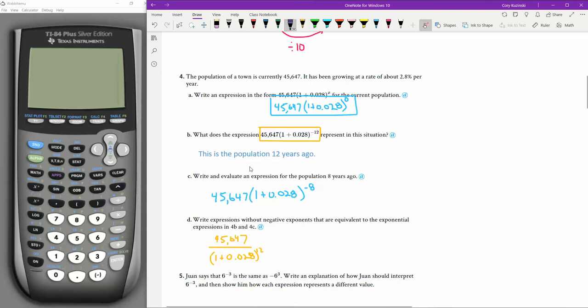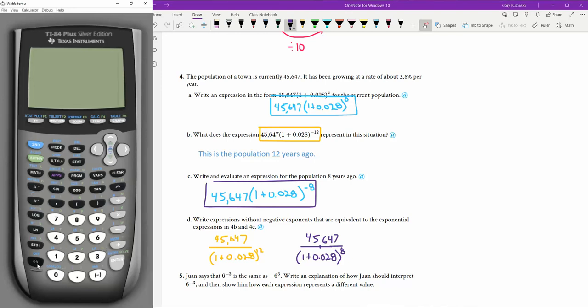All right, and this one, very similarly, would be 45,647 all over 1 plus 0.028 to the power of, instead of negative 8, positive 8.